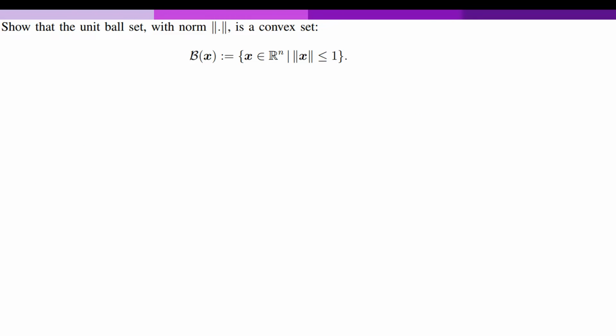So for the second question, we're going to check the convexity of a set again. This is a set given to us, and this is a condition on the set.